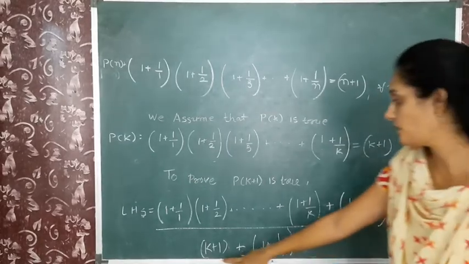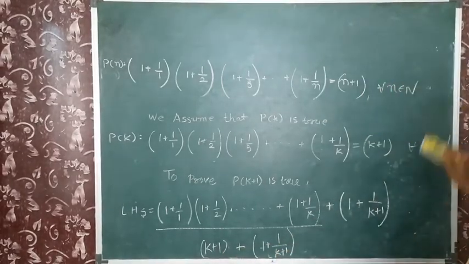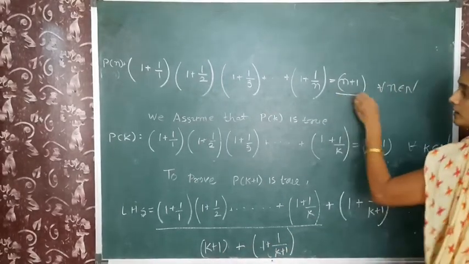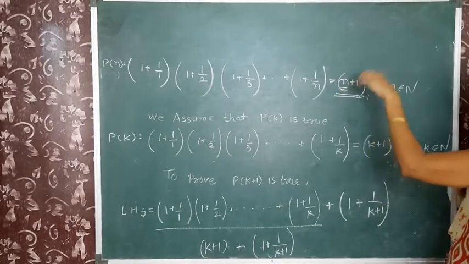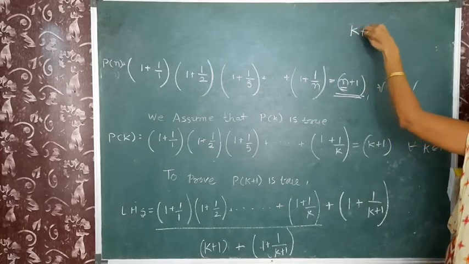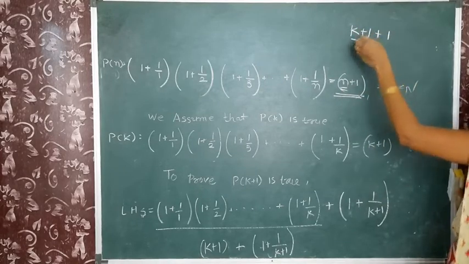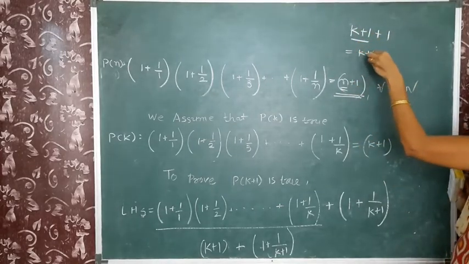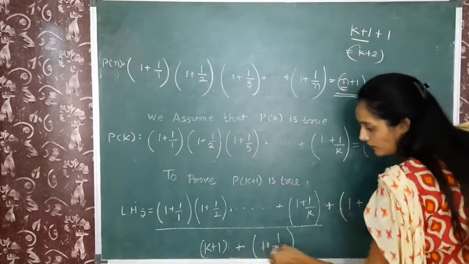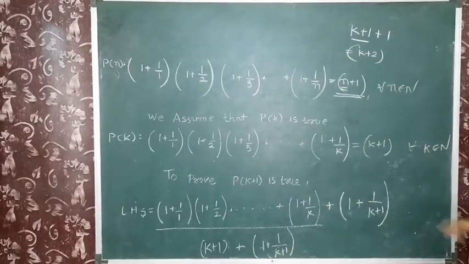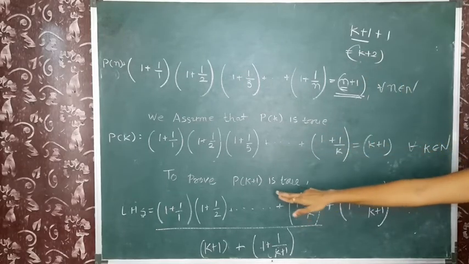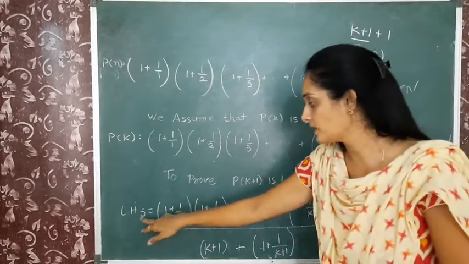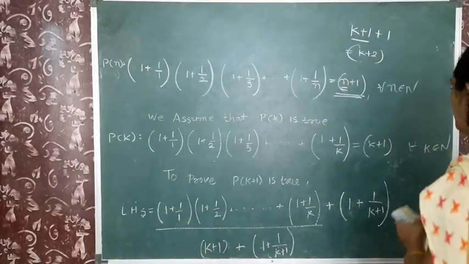And after solving these two steps, we get what we get in the right hand side of P of n with n replaced by k plus 1, that means k plus 1 plus 1, so k plus 2. So solving these two steps, if we get k plus 2, then we can say for P of k plus 1, left hand side is equals to right hand side. Okay.